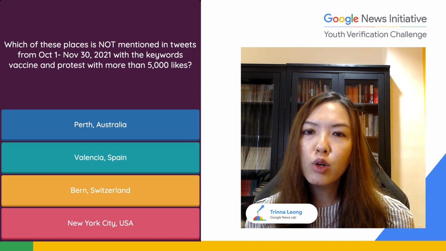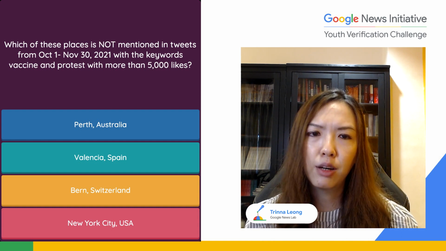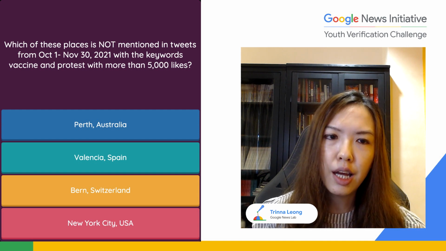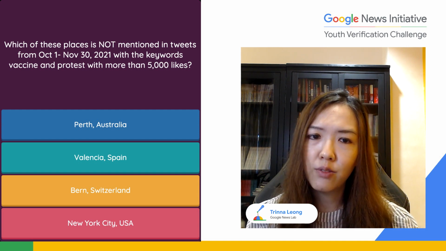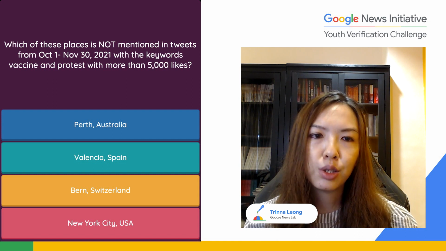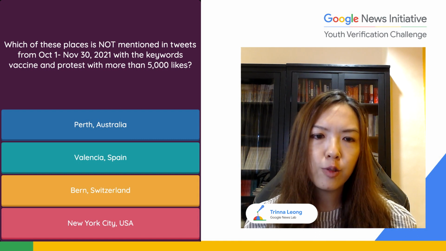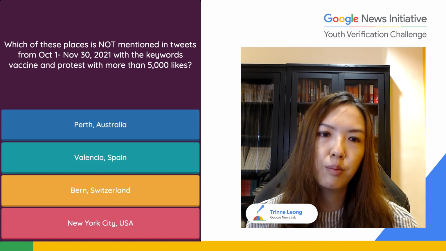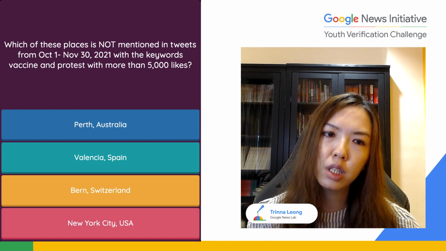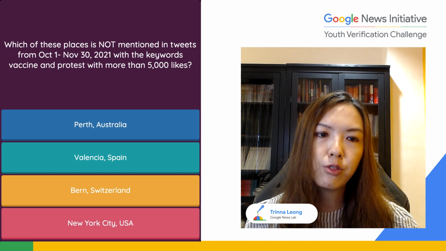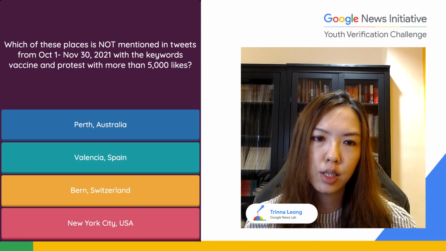If you remember, we touched earlier on Twitter search, and how you could use the Twitter advanced search to narrow your parameters down. So out of all these four options, which of these places do you think were not mentioned in the tweets within those 2 months, October and November last year, with the keywords vaccine and protests?